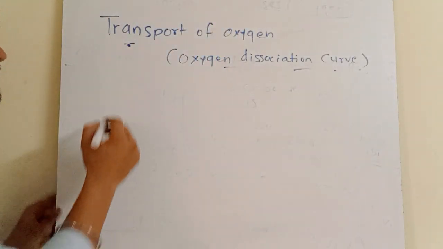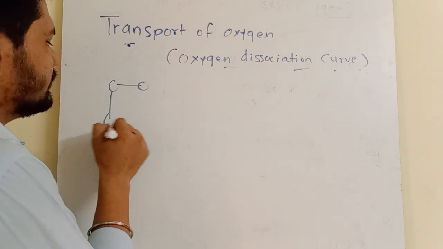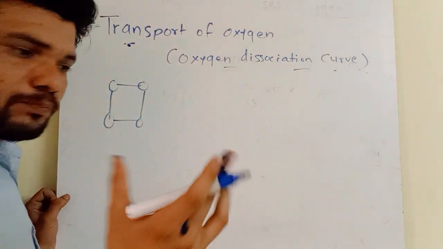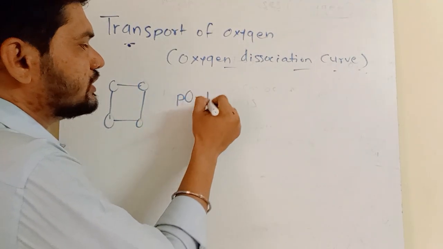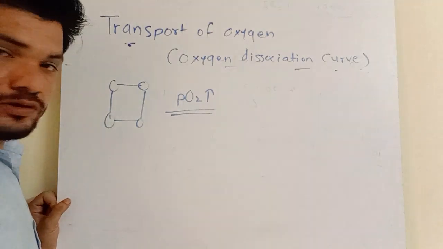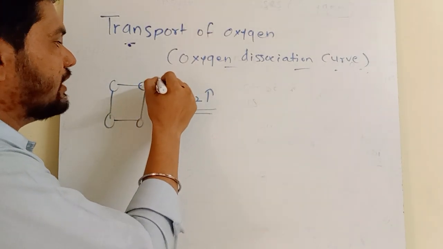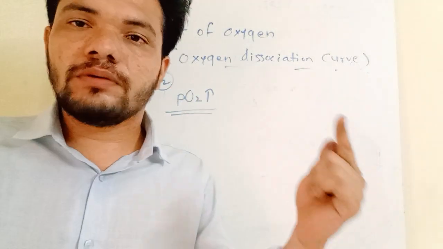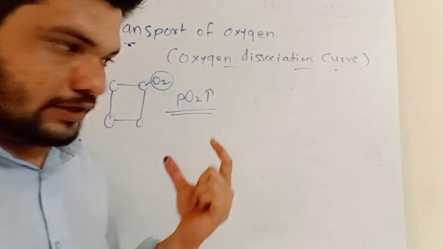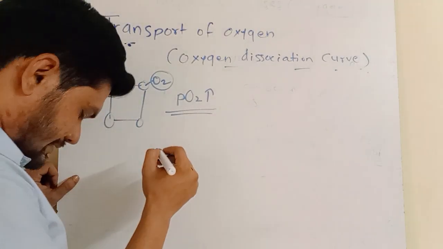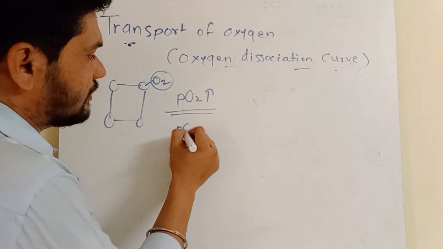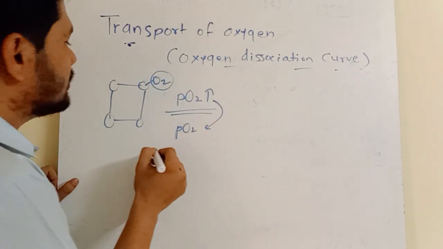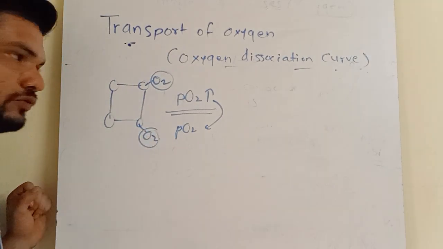But see, the molecule of hemoglobin will require a lot of PO2, partial pressure, to bind one molecule of O2. But once one molecule of O2 binds to the hemoglobin, it will require lesser partial pressure to bind the second molecule of O2.